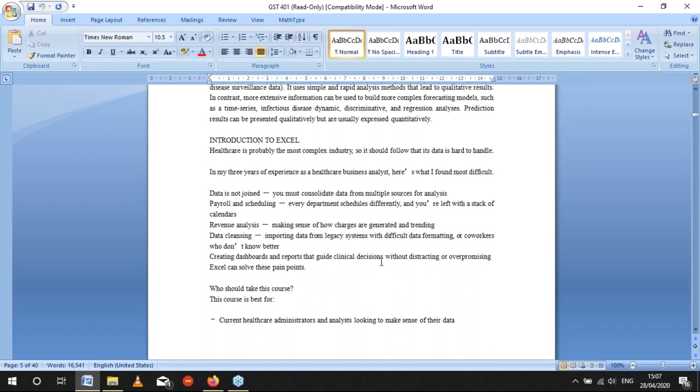You want to cleanse your data. You want to be sure of what you have in and out. So Excel can solve this problem of data in healthcare management systems.